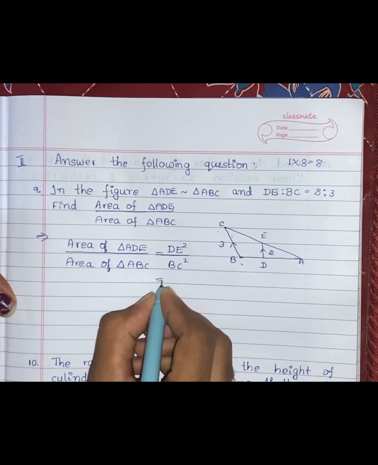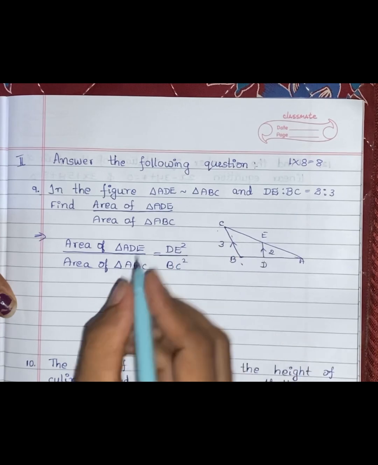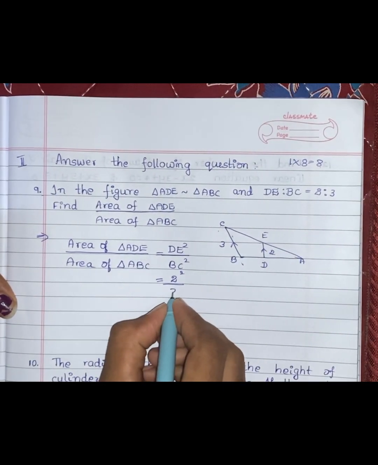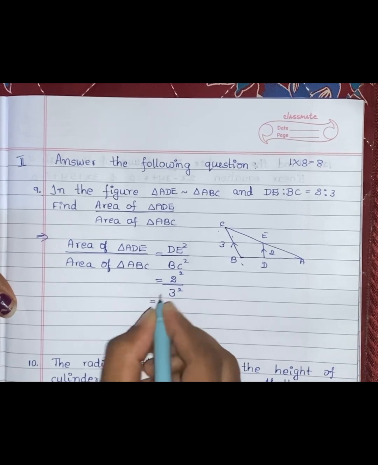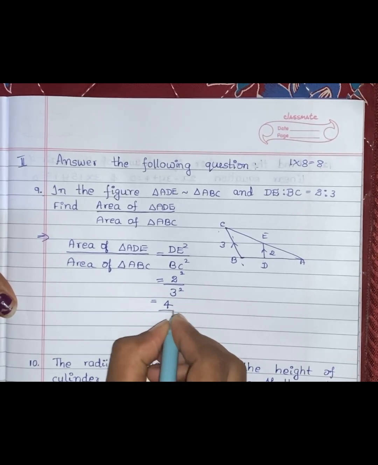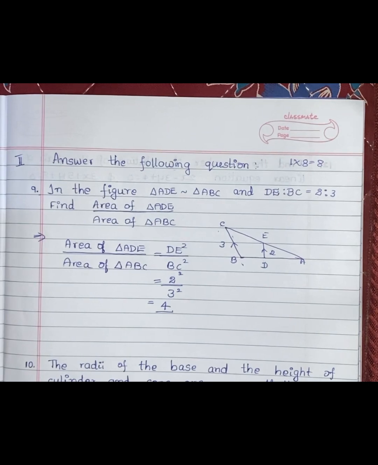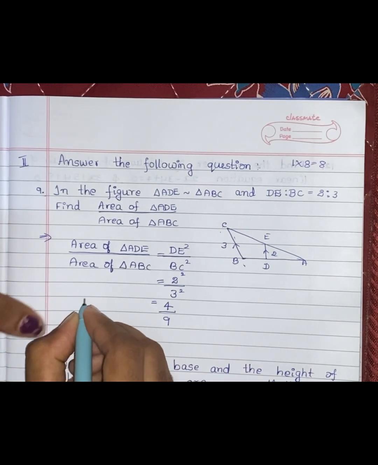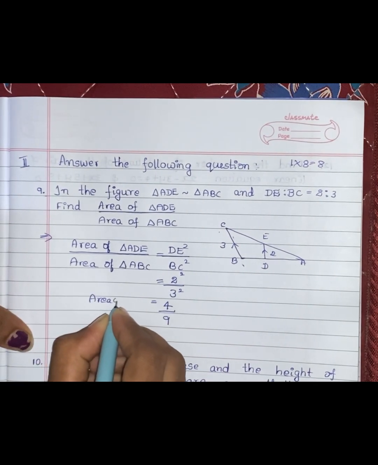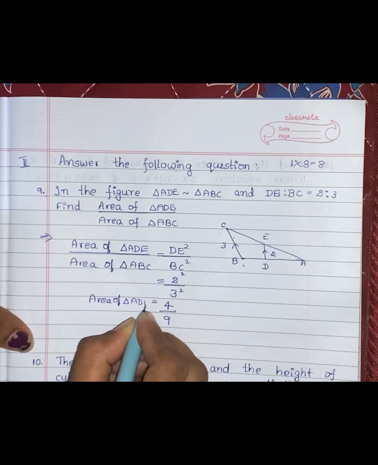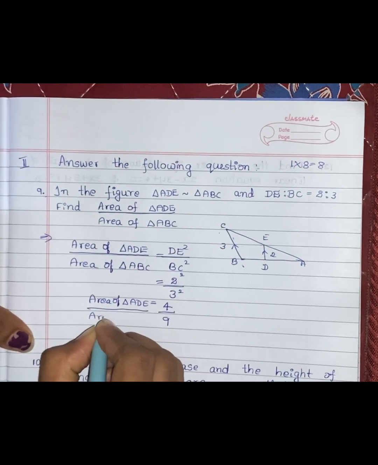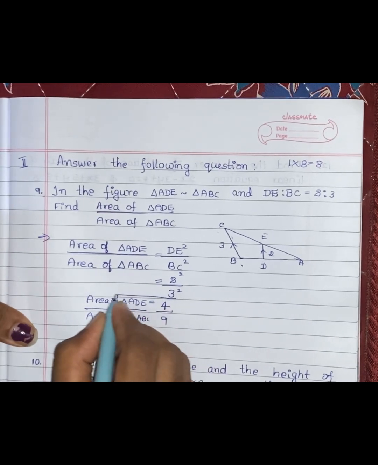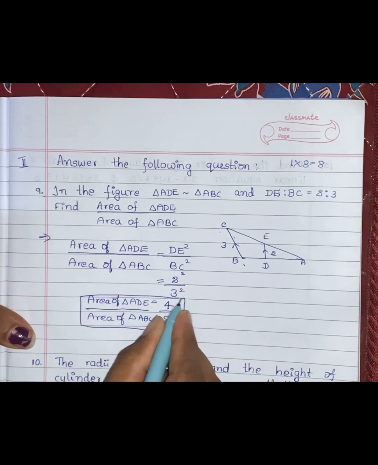Okay, so here we know the DE value, that is ratio is 2, that is 2 square, and BC square is nothing but 3 square. So 2 square is nothing but 4, 3 square is nothing but 9. Okay, so we have the answer here, that is area of triangle ADE divided by area of triangle ABC is nothing but 4/9. Okay, this is the answer.